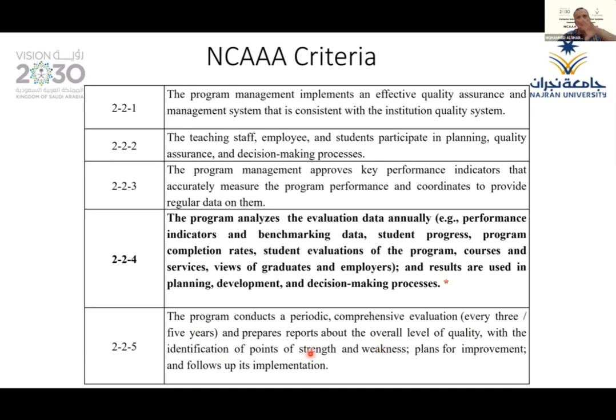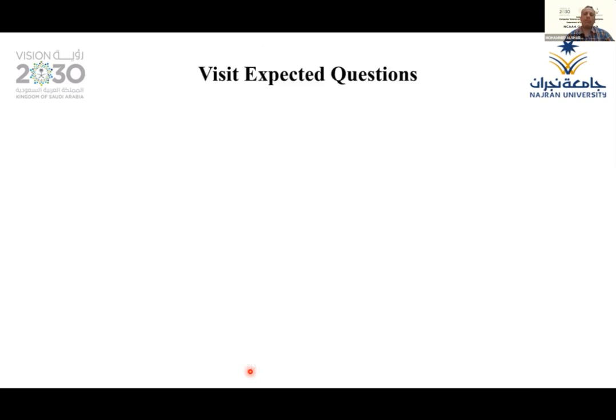This is, as we said, the most important: to have strengths, weaknesses or areas of improvement, and plans for improvement, what should be improved, and follow up on its implementation. We have a good example. We have an improvement plan and we follow up to implement it. Maybe it's a little bit delayed and late, but alhamdulillah, we close the loop.